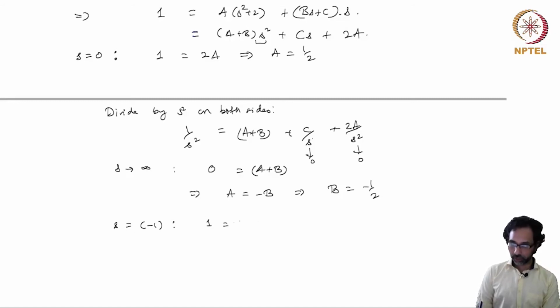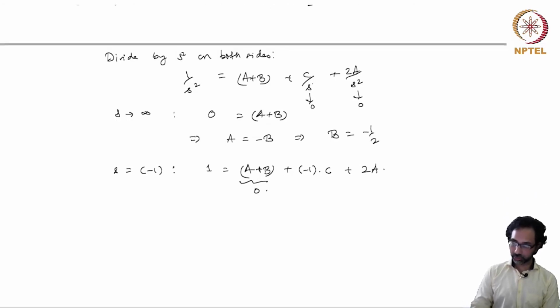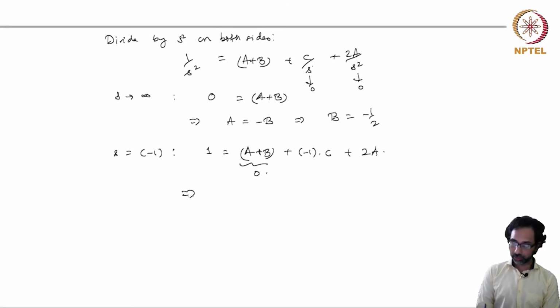Then you get 1 equals (A plus B) plus minus 1 times C plus 2 times A, and we know that A plus B equals 0, and so we get C equals 2A minus 1, but A equals half, so this is 0.